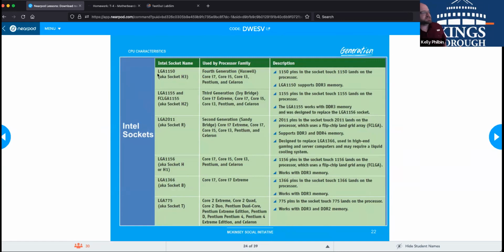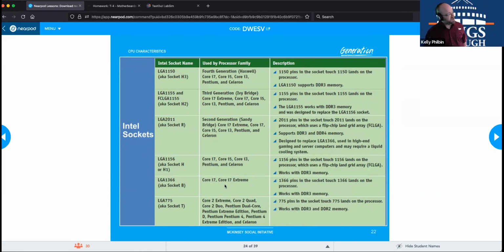For our Intel sockets, these are the different names they have for each of the sockets. Here are the generations to which they are attributed and a description of the chips involved. And I know what you're thinking: do I need to know this stuff? The answer is mostly no. What you do need to know, because you will likely get a question with regard to a chip versus a socket, is which socket names go with which chip manufacturers.